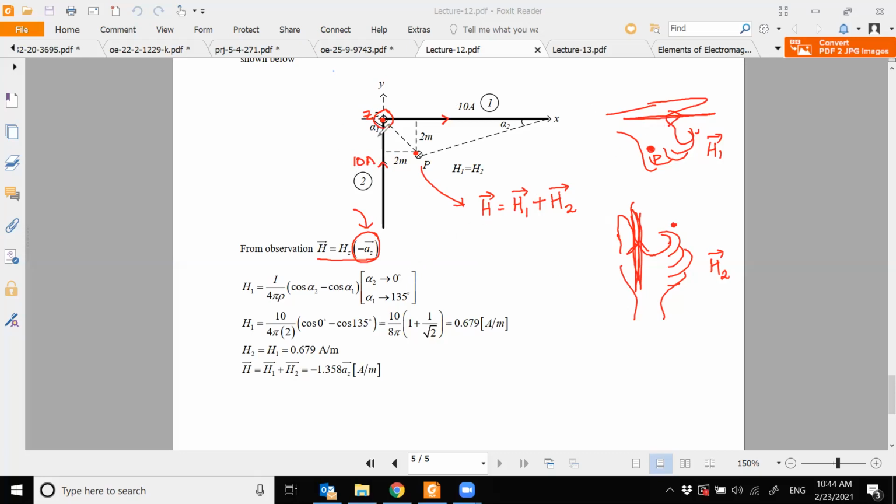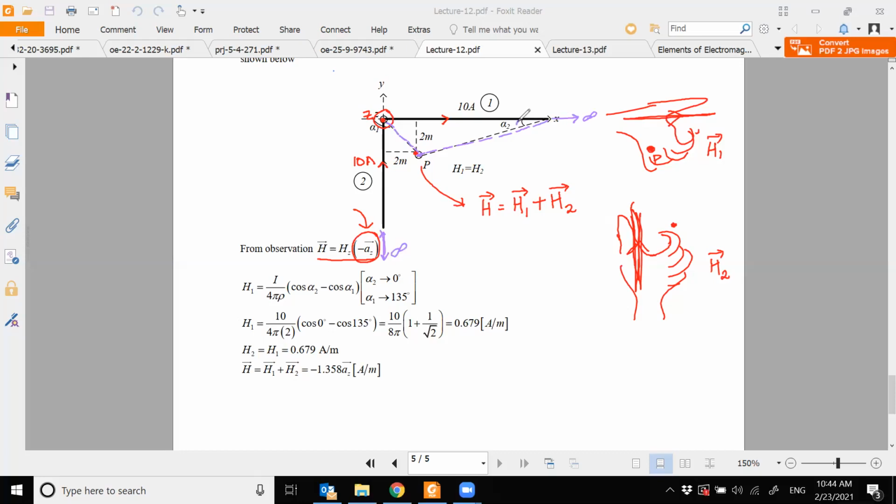Now you need to find the magnetic field for this one and for this one. So first join both the ends. Remember, this is going to infinity, and here, this is going to infinity.